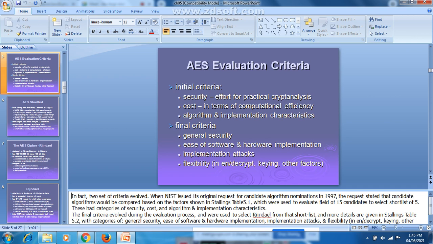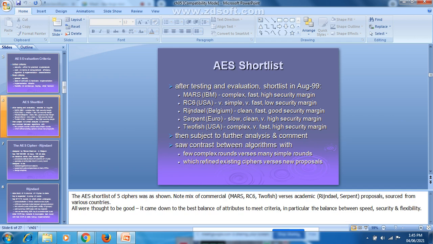There should not be any implementation attack, and it is very flexible to encrypt and decrypt the data and for subkey generation. All these factors they took into consideration while evolving the AES. Clear? Is that clear, guys?